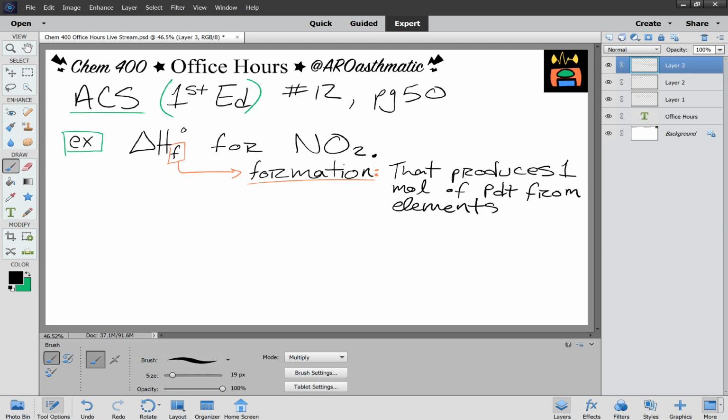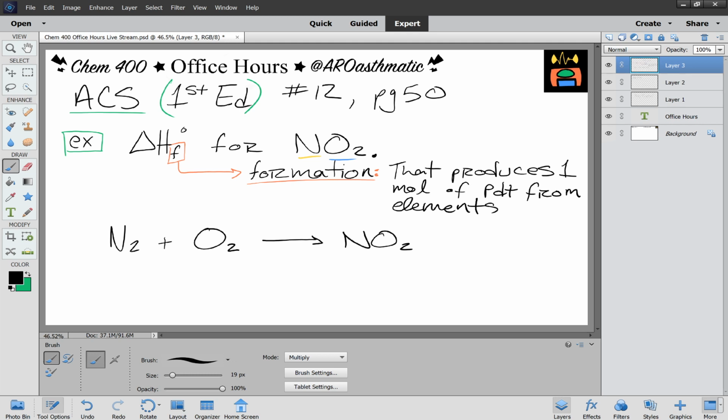However, the definition of a formation reaction is a reaction that produces 1 mole of NO2 from its constituent elements. So when you look at the elements in NO2, we've got nitrogen and oxygen. So we're looking for a reaction that reacts elemental nitrogen with elemental oxygen and produces NO2 as the sole product.